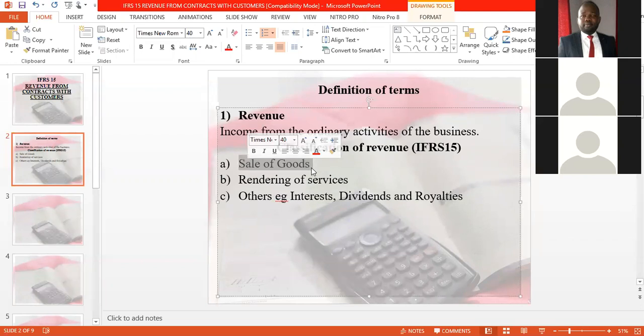There is a good that is sold. Rendering of service is the maintenance over the next what? 3 years. So in IFRS 15, the examiner is interested to know how you account for sale of goods and how you account for rendering of services.